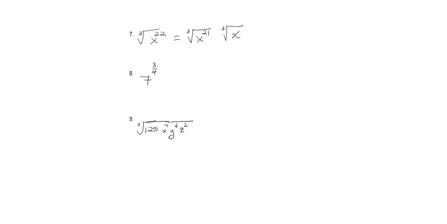We're left with the cubed root of x. The cubed root of x to the 21st is going to be x to the 7th, because 21 divided by 3 gives us 7. And so we've taken care of the first one, so we're left with the cubed root of x.